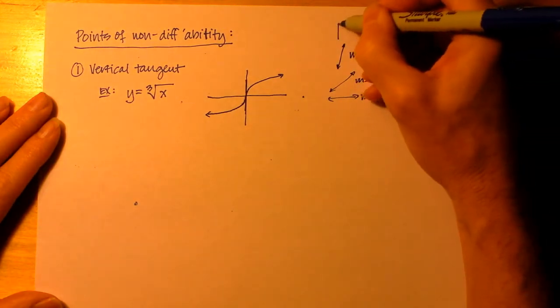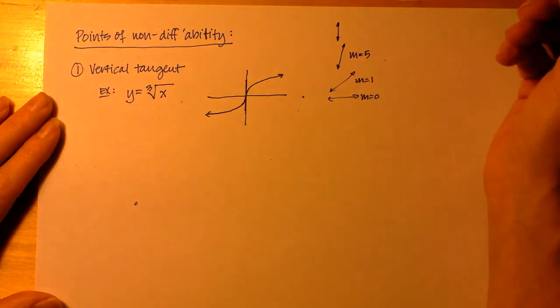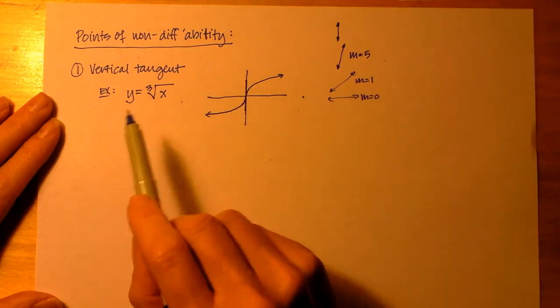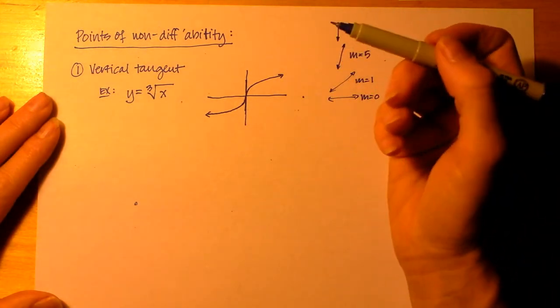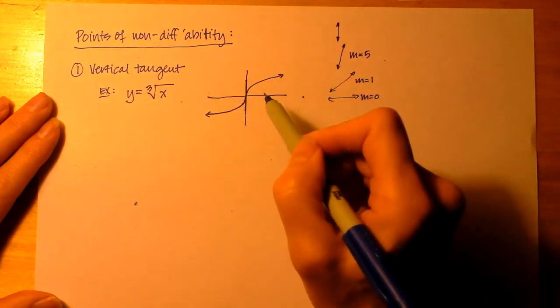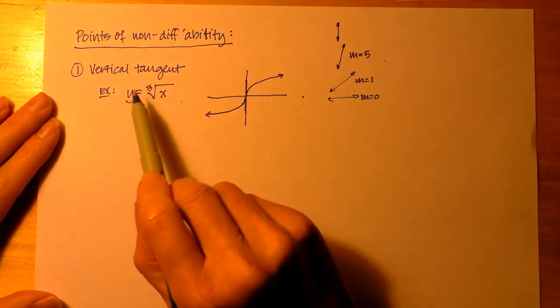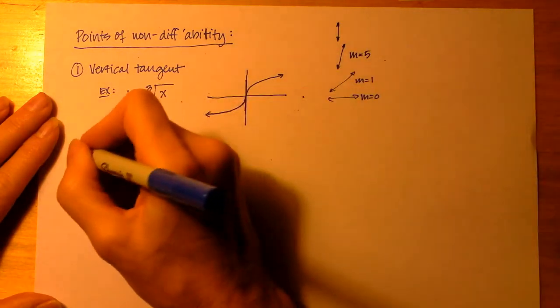And if it's straight up and down, it's infinitely big, and so we say it's undefined. Well, if the derivative is the slope, then if the slope is undefined, the derivative is too. So that's one thing that we need to look out for. Again, it doesn't happen that often.